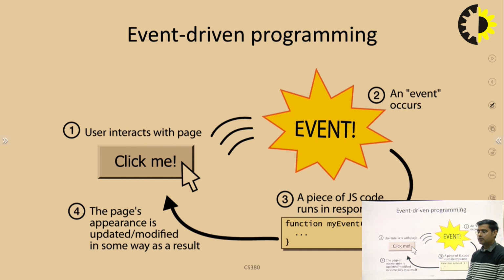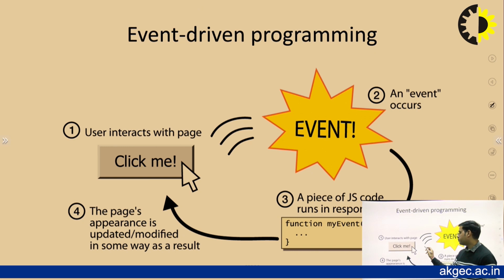So here this diagram represents the event and we handle the event through the button and the value of this button is click me. So firstly, the user can interact with the page in a browser screen. In the browser screen, this button is called click me.